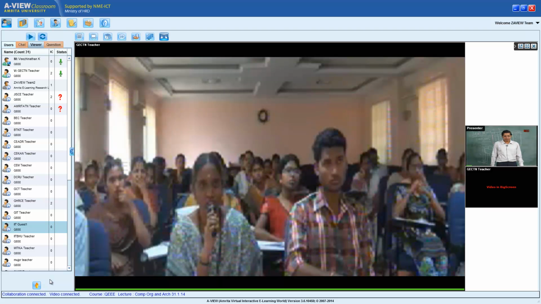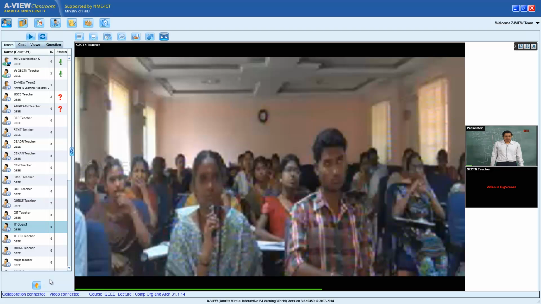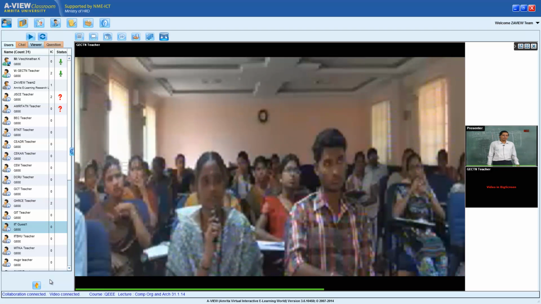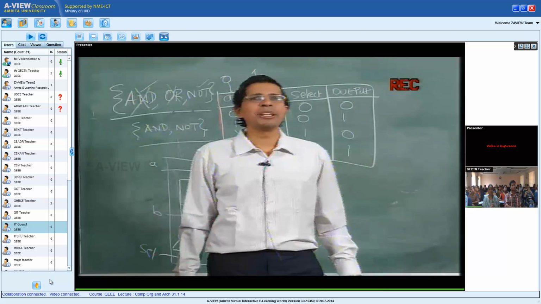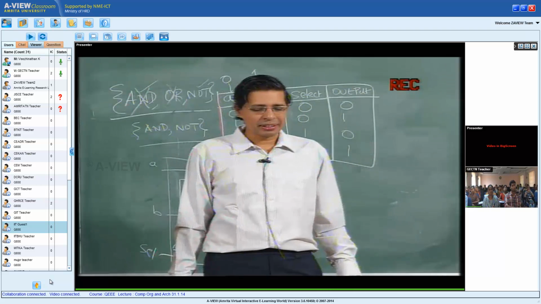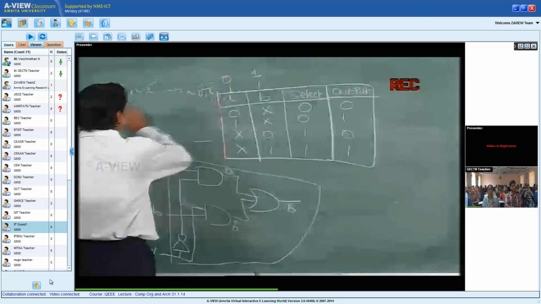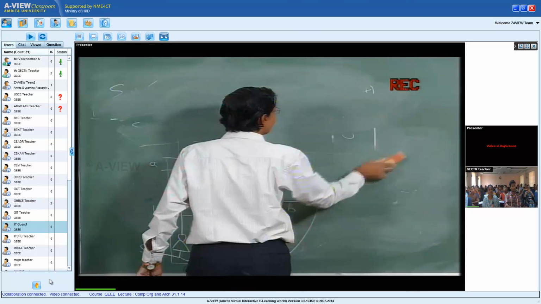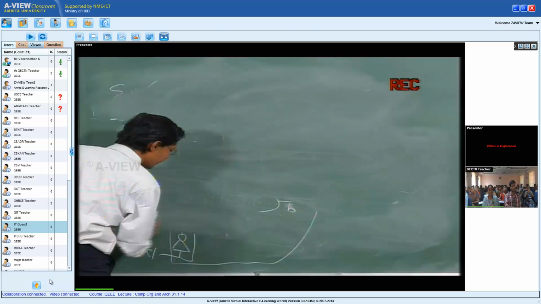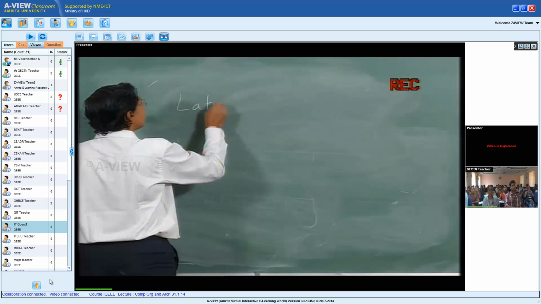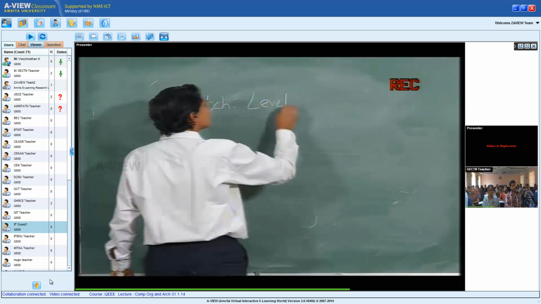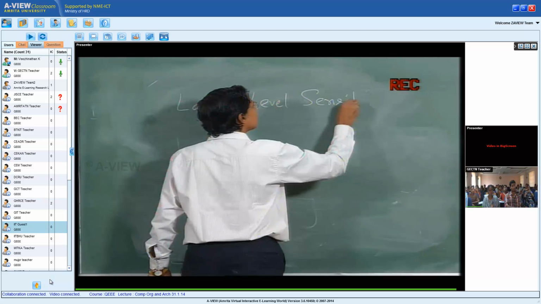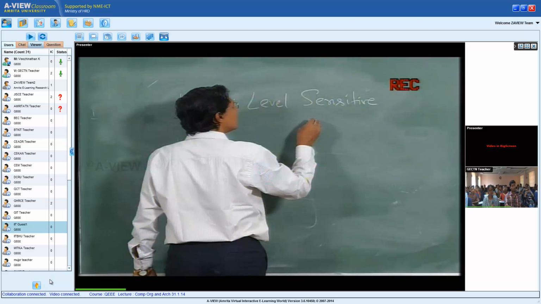What is the difference between latches and flip-flops? This is actually something that should have been taught in your digital logic course, but anyway I will tell you. A latch is a level sensitive storage element.